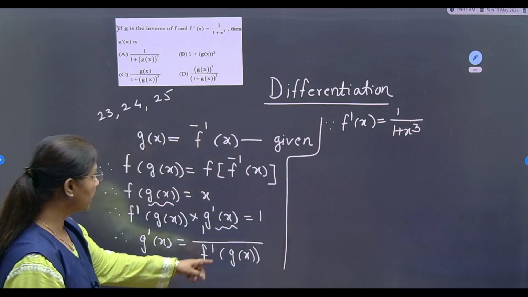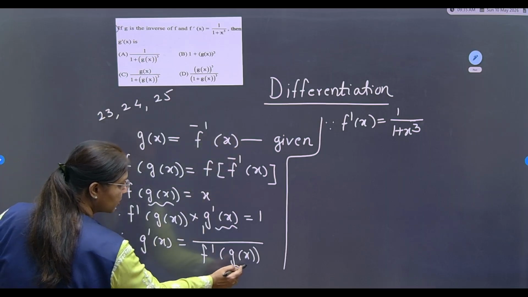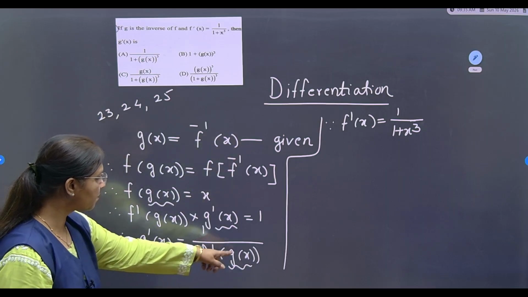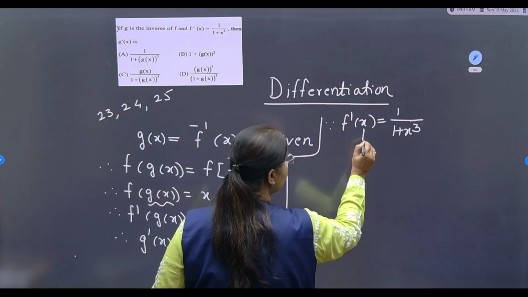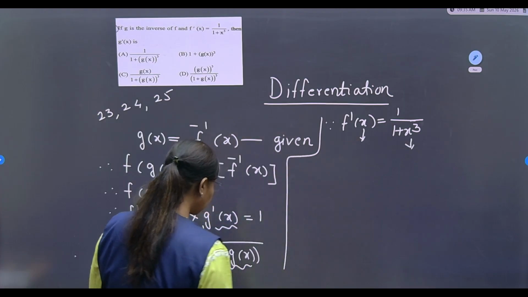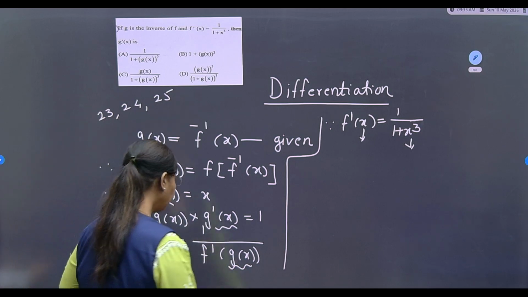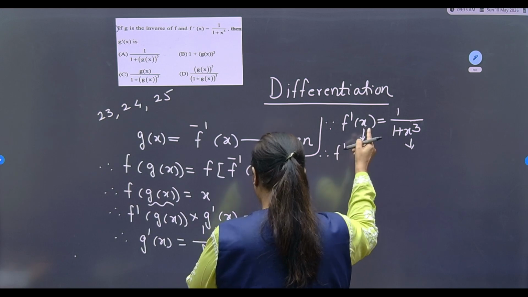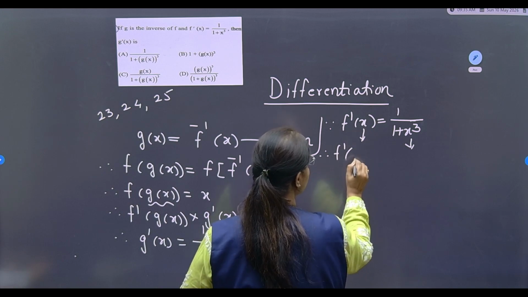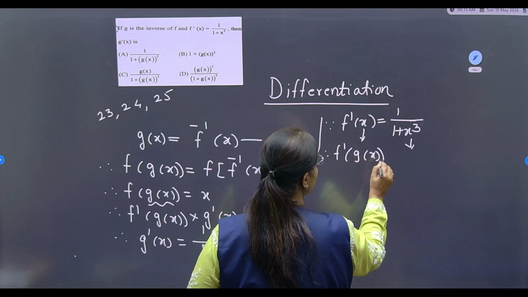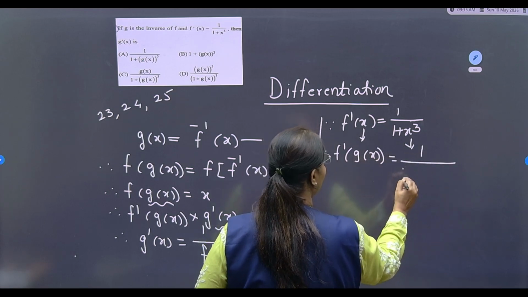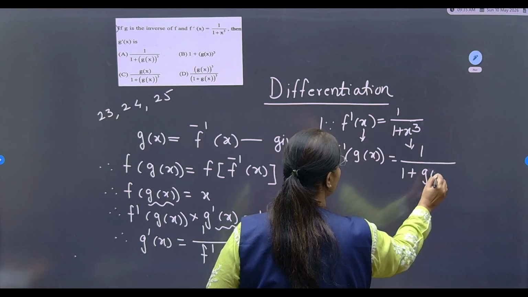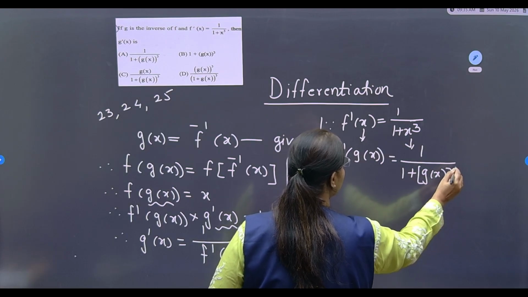Then replacing x by g of x, f dash of g of x is equal to 1 upon 1 plus g of x whole bracket raised to 3.